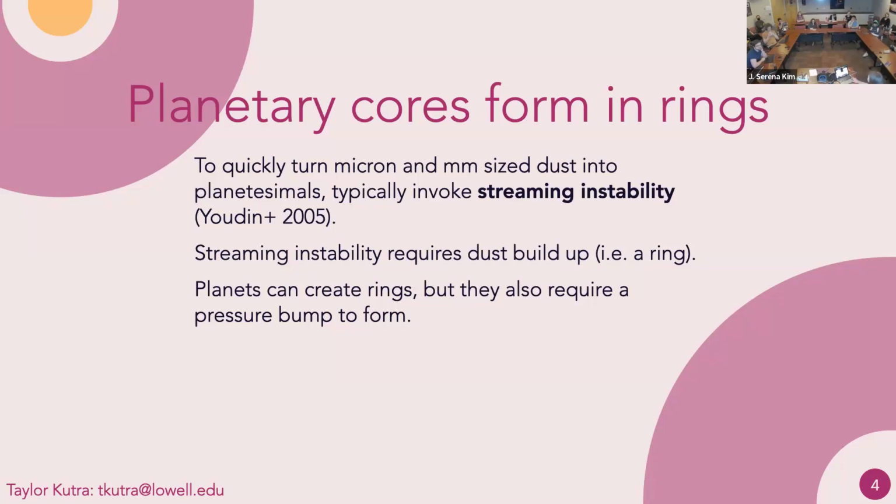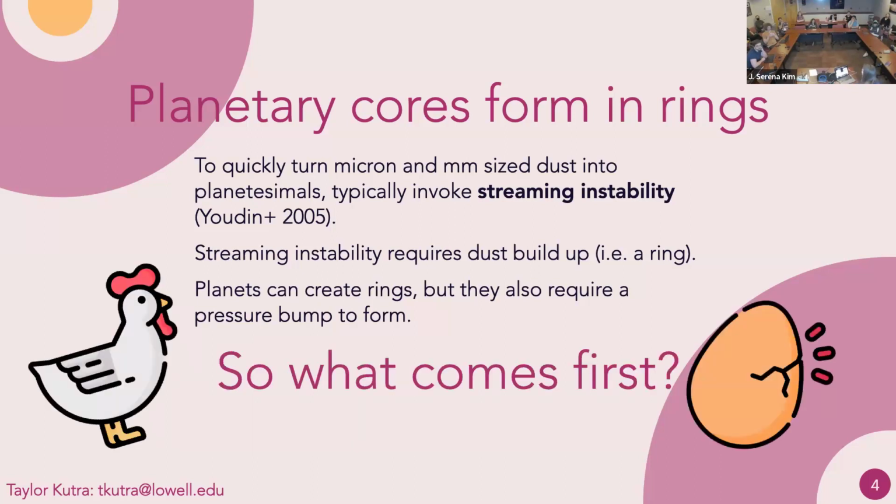And so we need these dense rings to make these planets, but seemingly need a planet to make the dense rings. We walk ourselves into this infamous chicken and egg scenario where we have to ask, so what comes first? The dense ring that's required to trigger streaming instability that causes planetesimal formation that then goes on to make planets, or the planet that is needed to make the overdense ring?